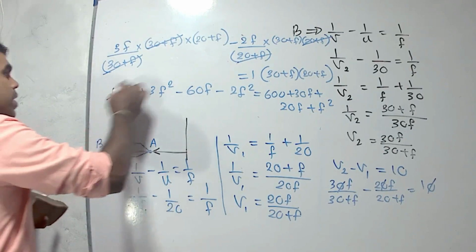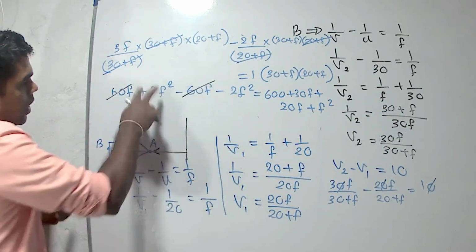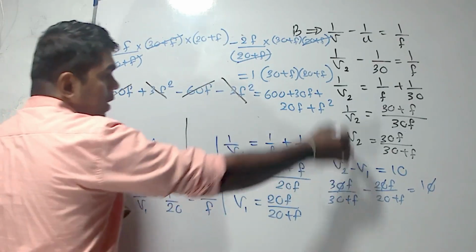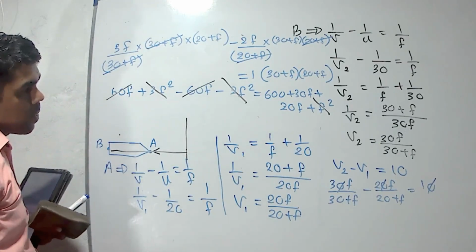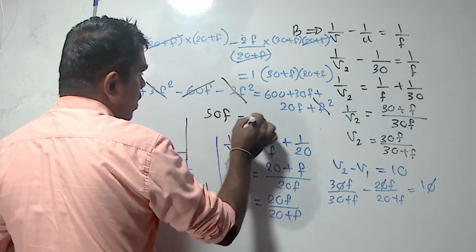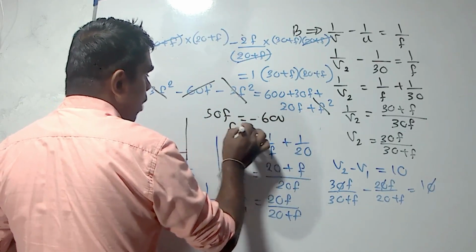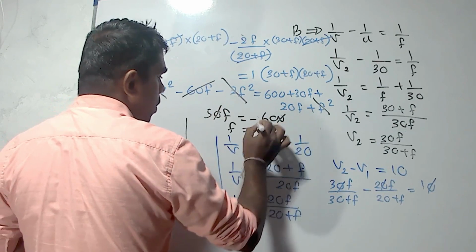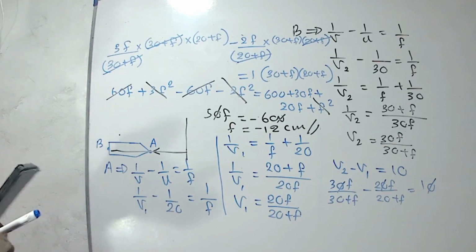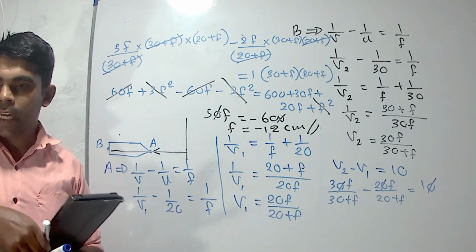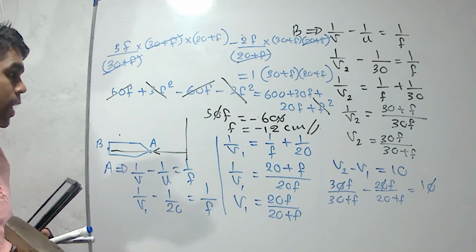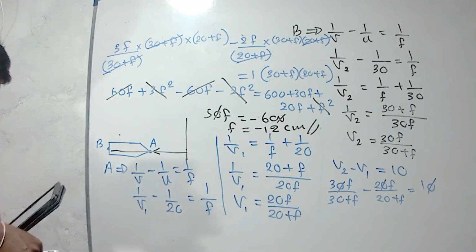We can cancel out 60F and minus 60F. 3F squared minus 2F squared is F squared. We can cancel out that F squared with this term. 20F plus 30F, 50F equals minus 600. Then we can obtain the F value as minus 12 centimeters. Minus means it is a convex lens and the focal length is 12 centimeters. Then the answer is 4.